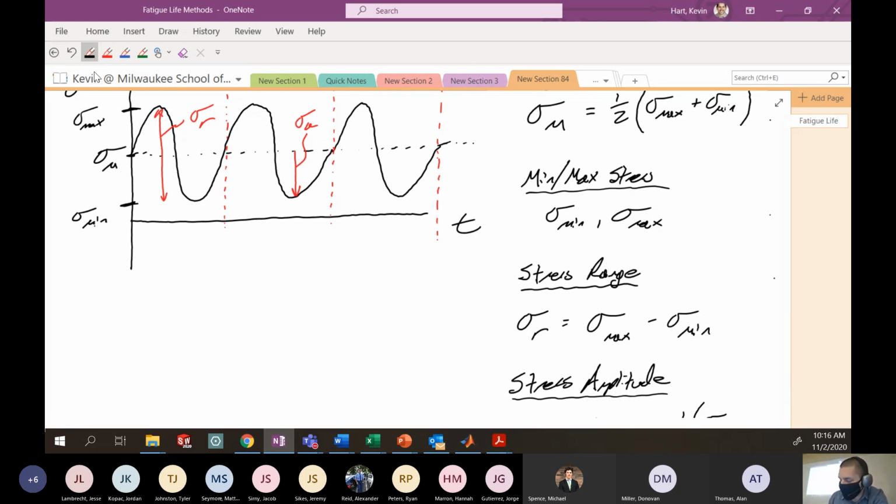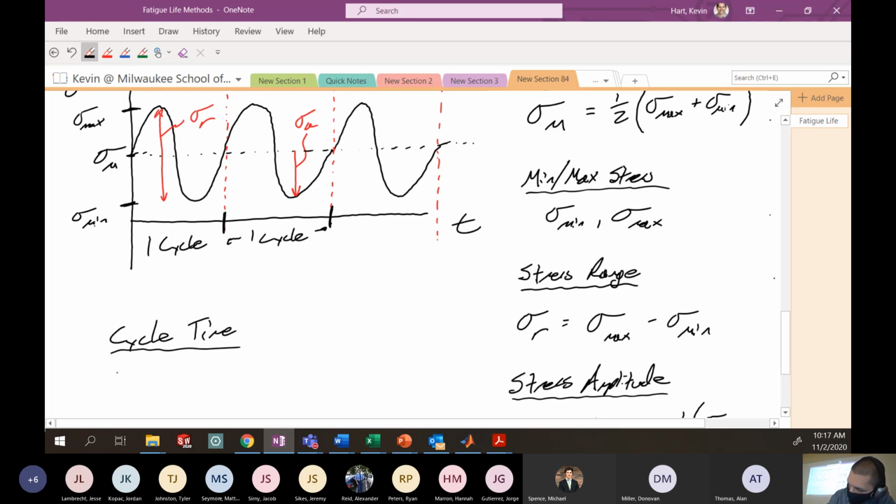The last thing we might want to define is cycle time. That's going to be here on the x-axis. That's really not technically true. This was one cycle here, and this is one cycle, here to here. And so the cycle time we typically denote as capital N sub t.